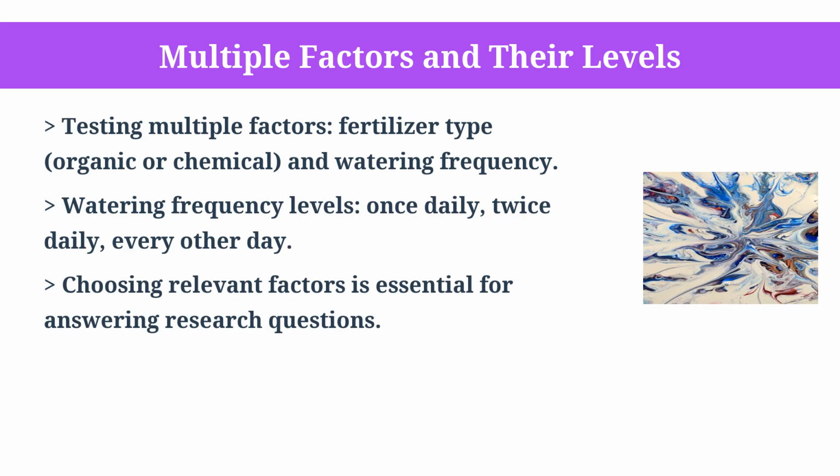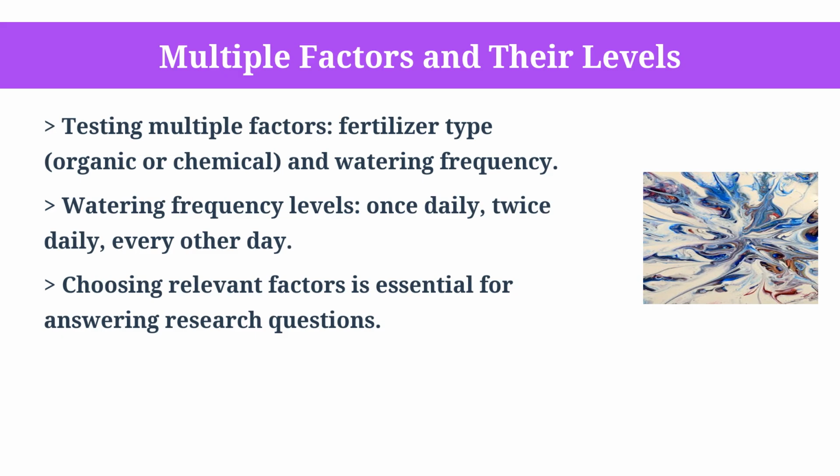When planning your experiment, identifying these factors and their respective levels is crucial because it helps you structure your research properly and ensures you're gathering meaningful data. It's important to choose relevant factors based on what questions you want to answer and which elements could potentially influence your outcome.